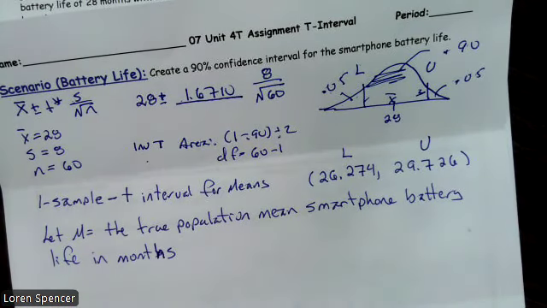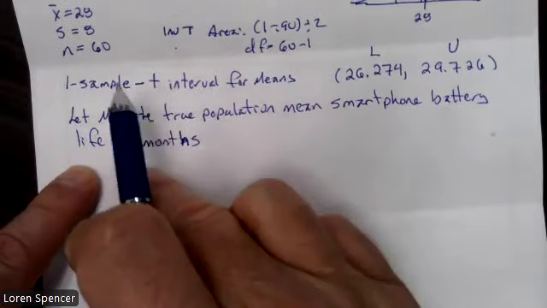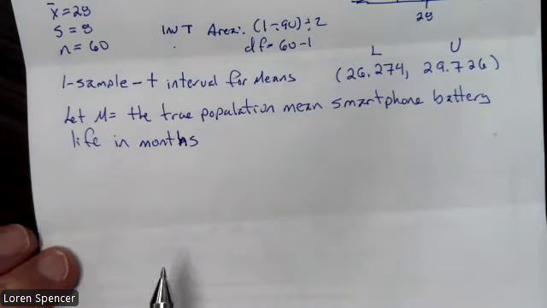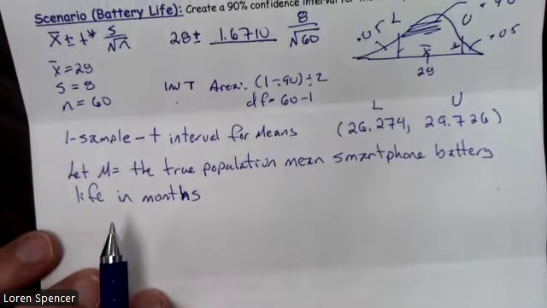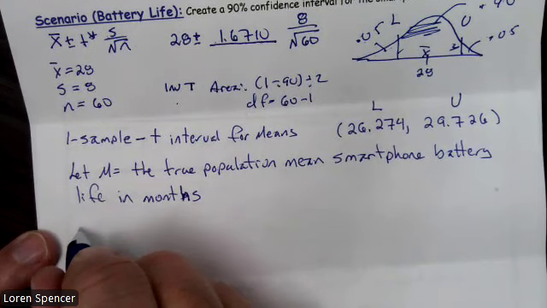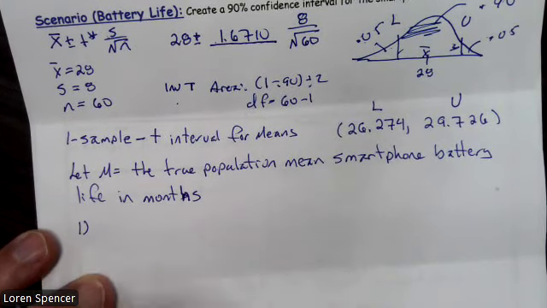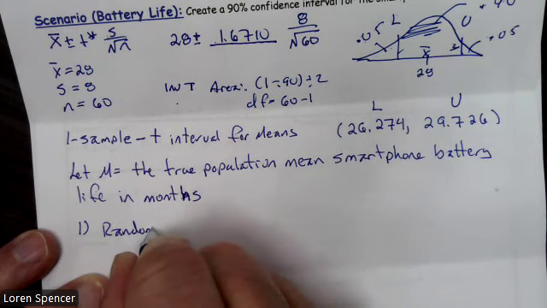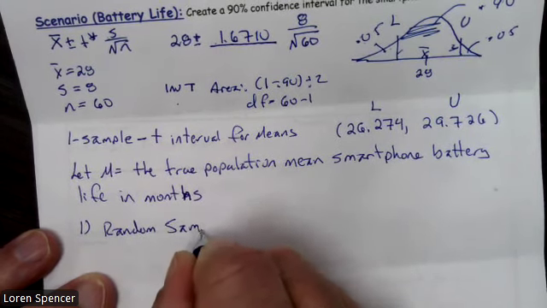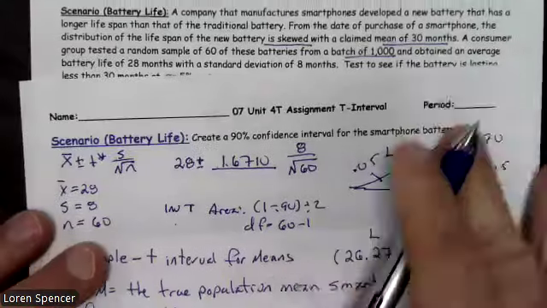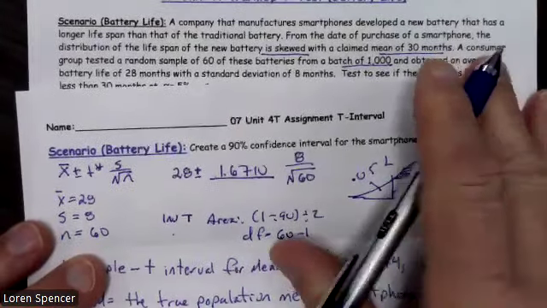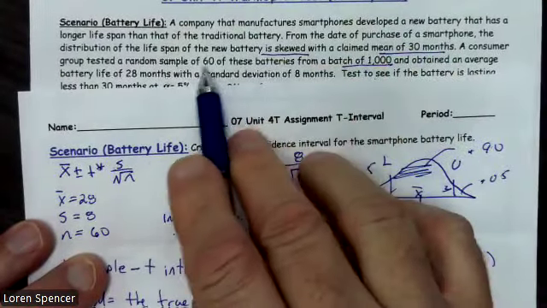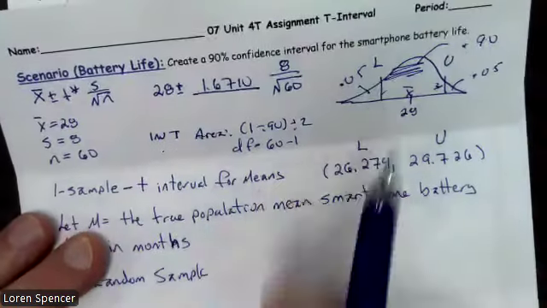So now I've defined my parameter and done my interval, and I need to do my conditions. Conditions are probably going to take from this part down, so be prepared to put some space in there. First, random sample. I need to go back and check. I know it's a sample size of 60, and sure enough, it says random sample.